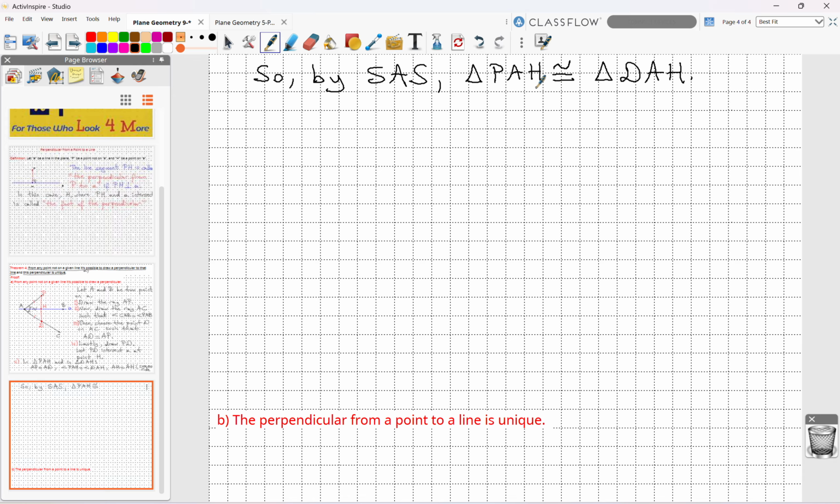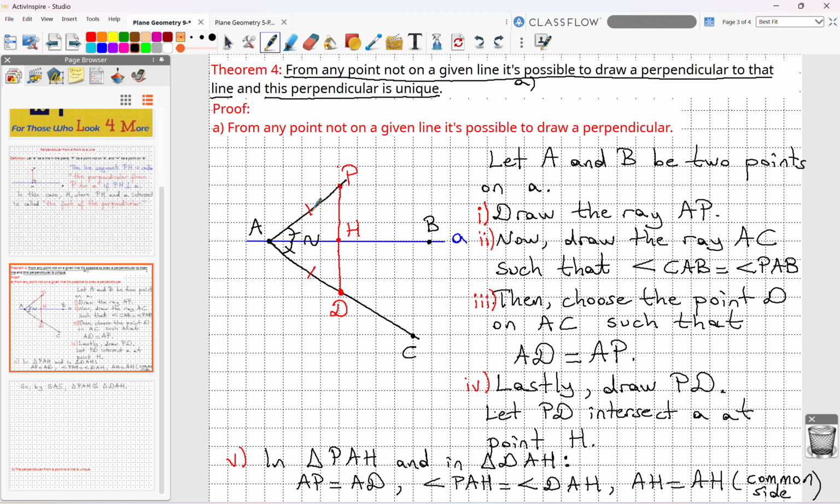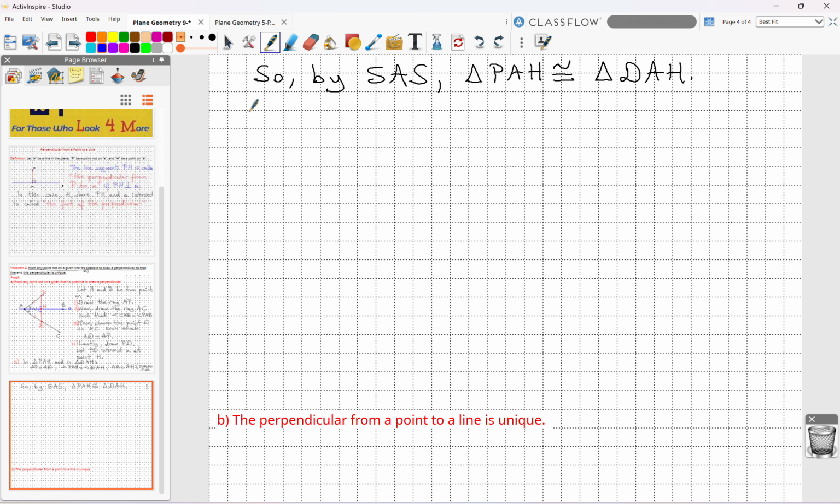Now, once I prove that triangles are congruent, I can conclude that opposite to equal sides in these two triangles, for example, AP and AD are two equal sides, lie equal angles.